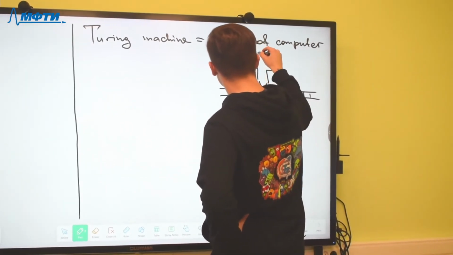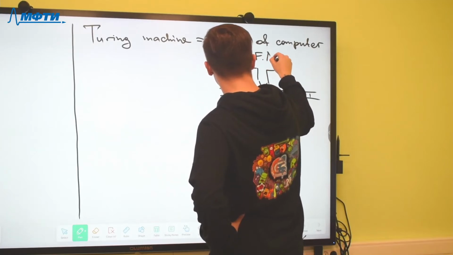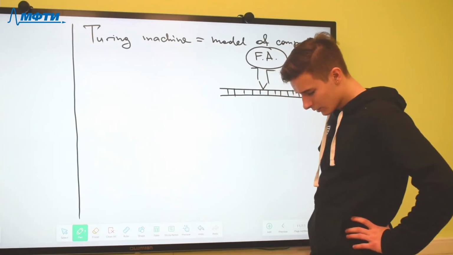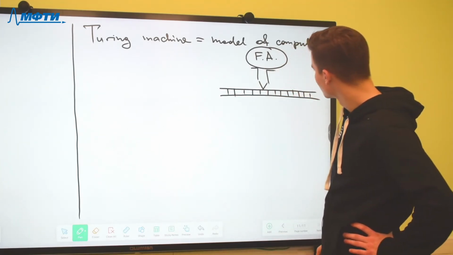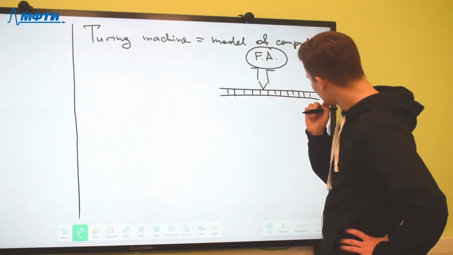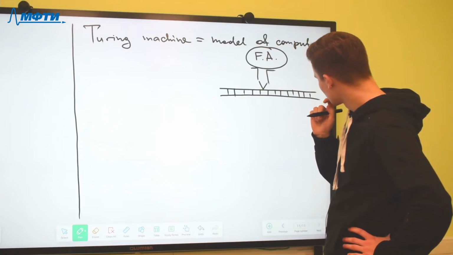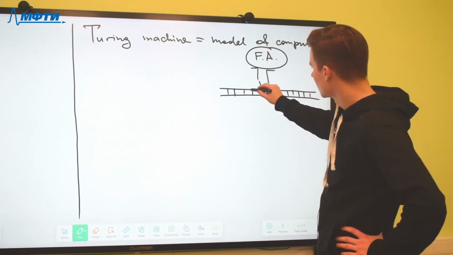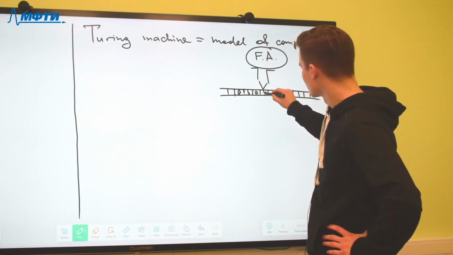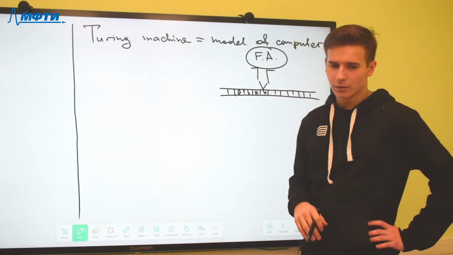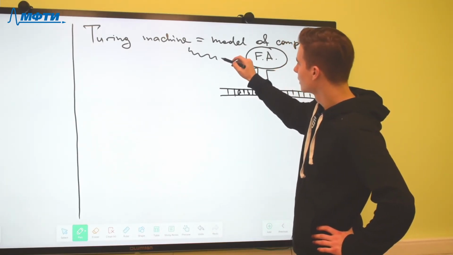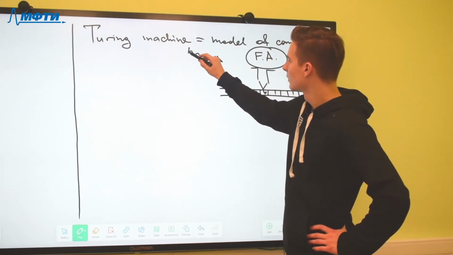If we have some finite automaton here, and we have an infinite string with some characters, informally it is equal to a Turing machine.